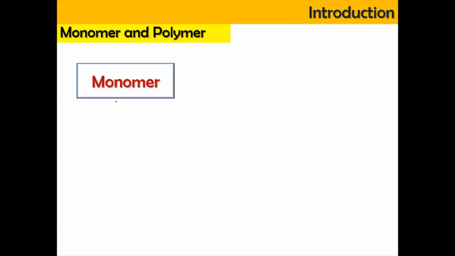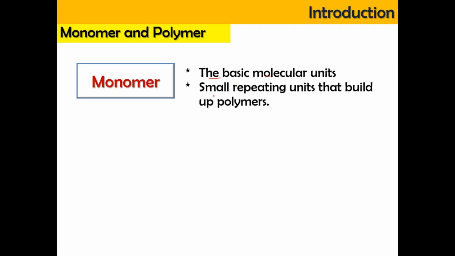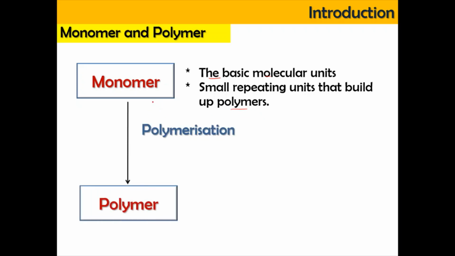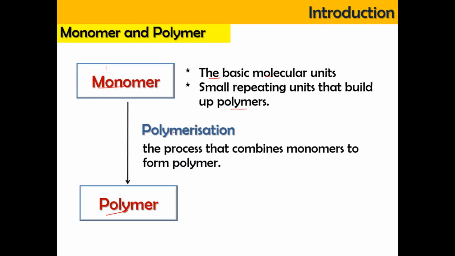So for monomer, monomers are basically the basic molecular unit that is repeated in order to build up a polymer. Monomers will undergo the process of polymerization, where they are repeated in order to form a polymer. Poly refers to many, mono refers to one. Polymerization is basically the process that combines a lot of monomers in order to form a polymer.